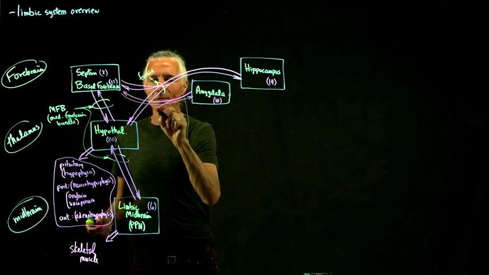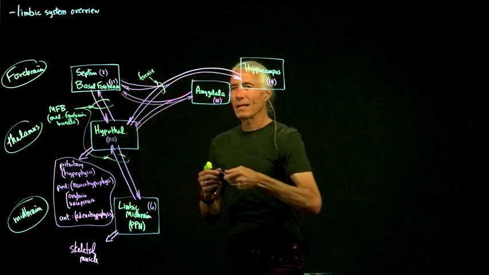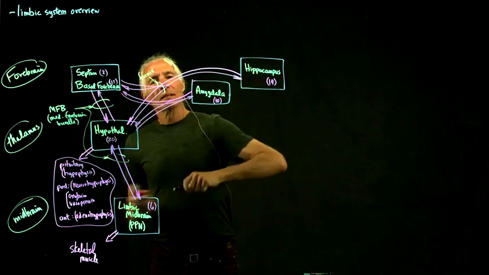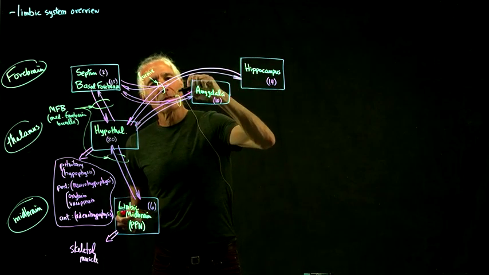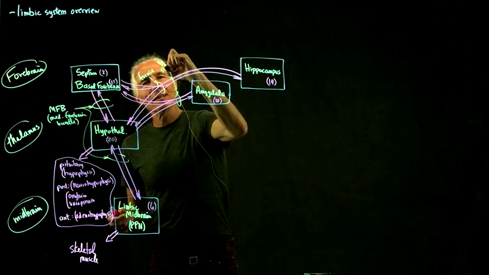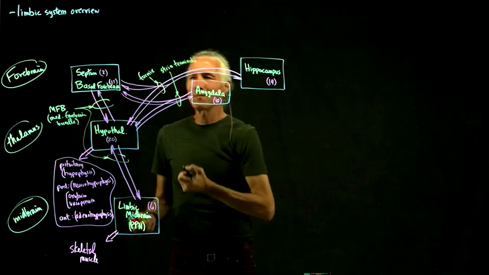They're just on top of each other, but that one's called the stria terminalis. It's so different than fornix, yeah.